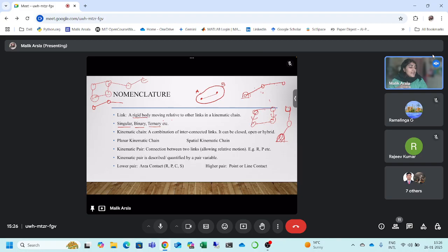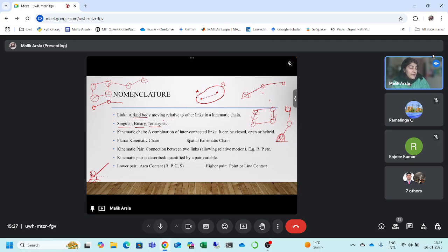For example, a kinematic pair R, which is a revolute pair, so basically a hinge, there the pair variable can be theta, right? Because at any time if you see a mechanism like this is fixed, then we have a link like this.